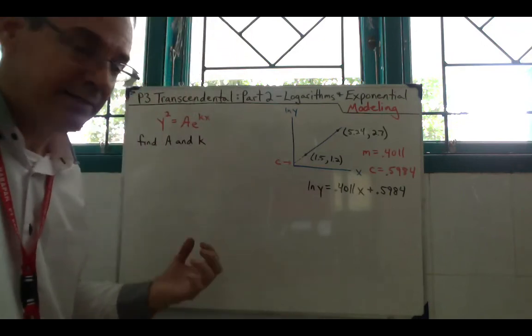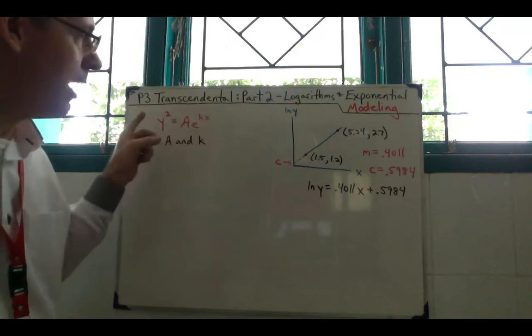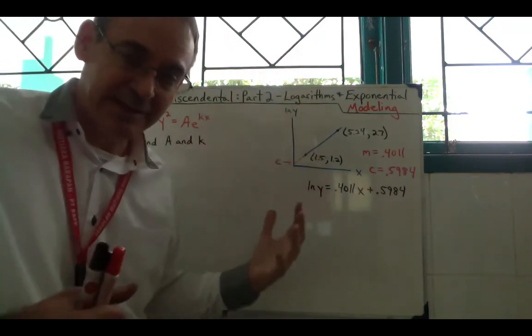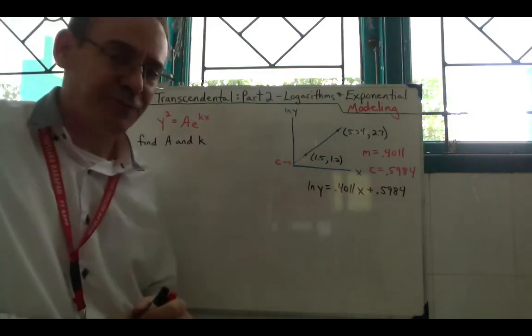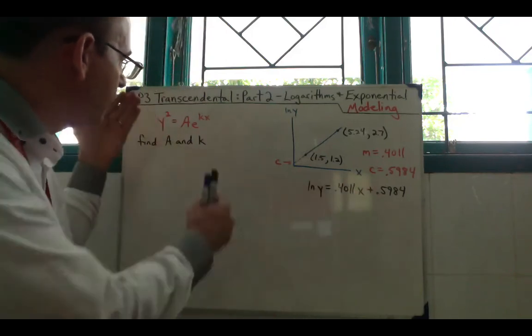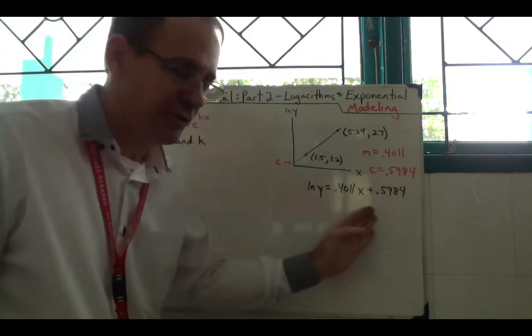What we want to find is the a and k of our model for the curve, which we didn't get to see. Now, I said before that you can either work from the line to the model, or you can work backwards from the model to the line.